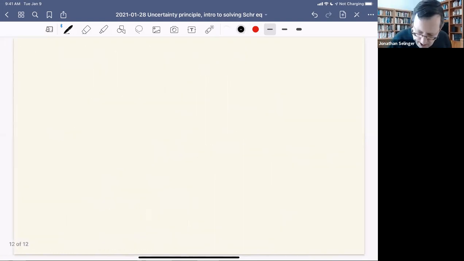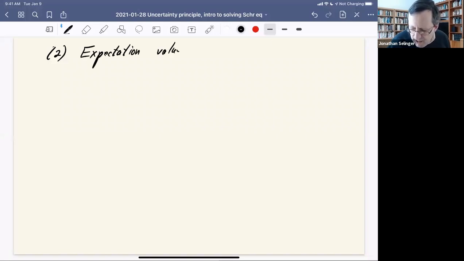Now let me show you another cool thing about the separable solutions. Suppose we want to know the expectation value of the total energy. I showed you last time how to get the expectation value of the kinetic energy.